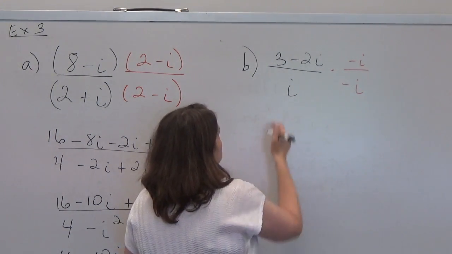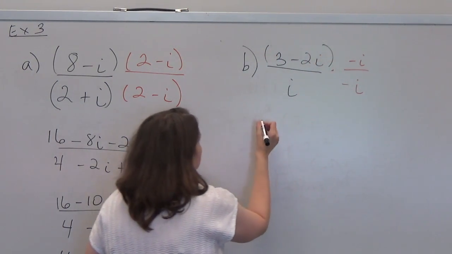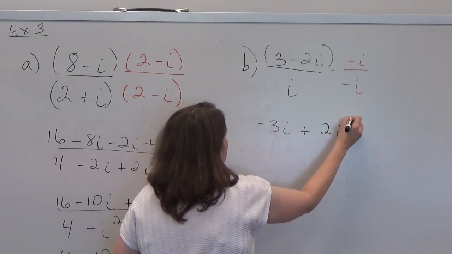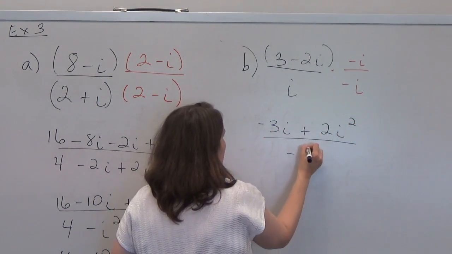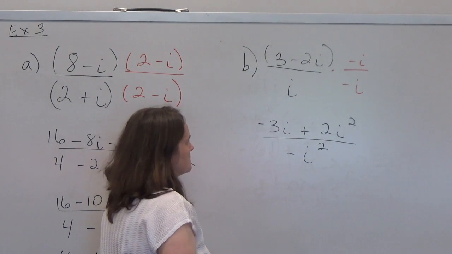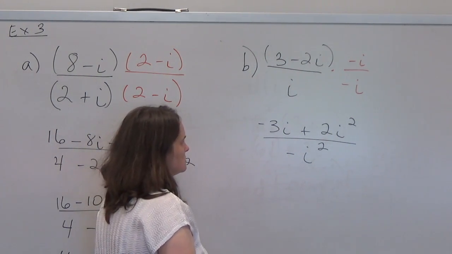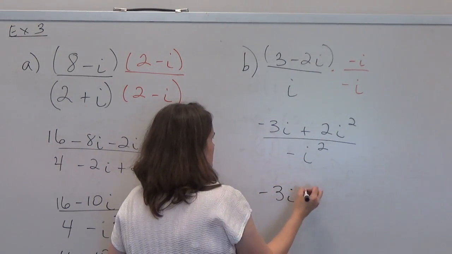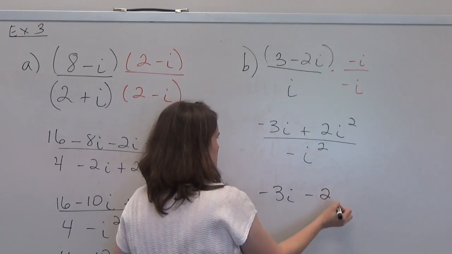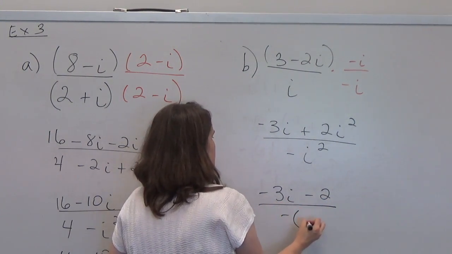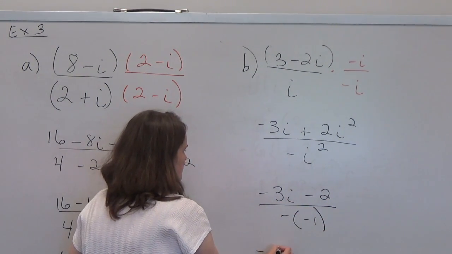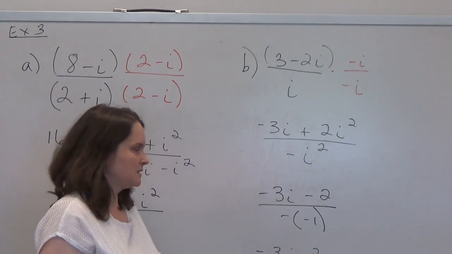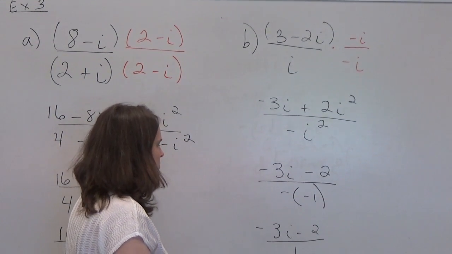We'll need to distribute in the top, so we'll have negative 3i plus 2i squared over negative i squared. All right, and then in the top we can go ahead and substitute negative 1 for the i squared, so you've got negative 3i minus 2 over negative parentheses negative 1. So negative 3i minus 2 over positive 1. And of course, if I simplify that, that's just negative 3i minus 2.